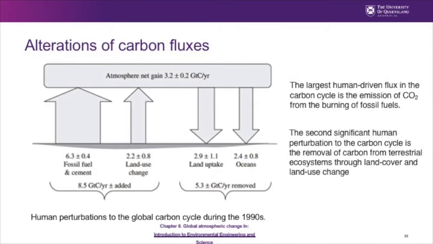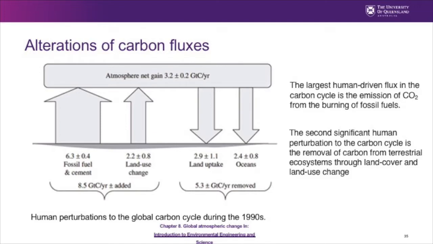To start discussing these human influences to the carbon flux, we're going to look at this figure that is the balance from 1990s that includes the input of fossil fuel combustion and land use changes to the carbon that is in the atmosphere. And then we also consider the land uptake and the uptake from the oceans of carbon.